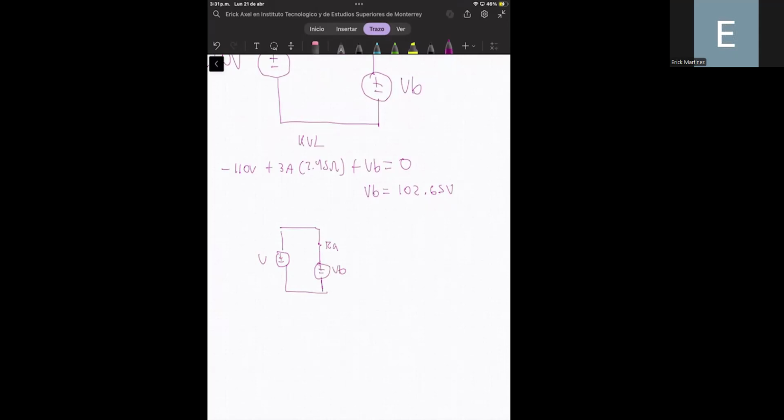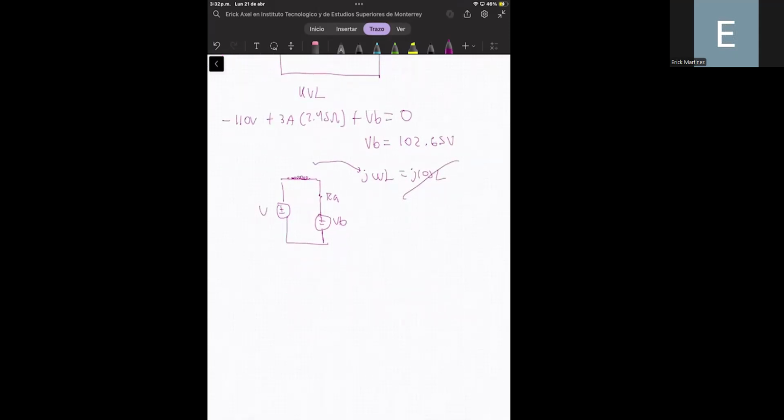Sometimes we can also consider the inductance of the motor, but remember that the resistance of an inductance we measure in terms of the impedance, and the impedance of an inductor is basically j omega times L. But in this case, since we are working in DC, the frequency is zero. So the impedance of the inductor doesn't play a role in this type of circuit, because we are working in DC. The only elements that are considered are the armature resistance and the back EMF voltage.